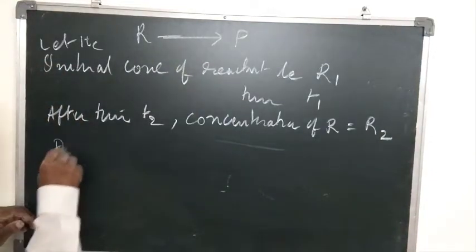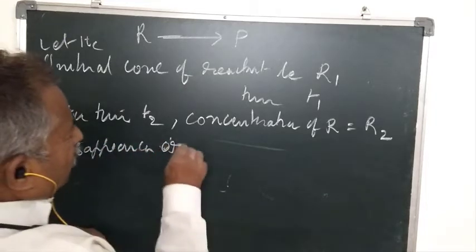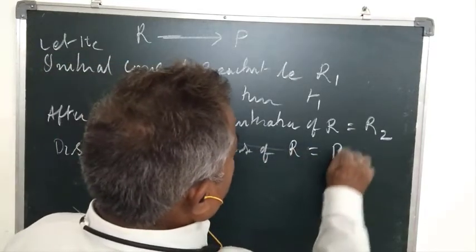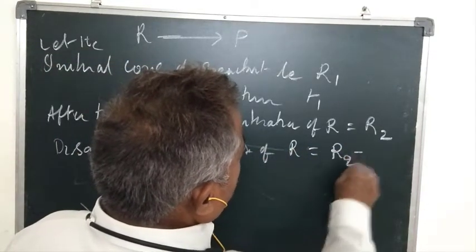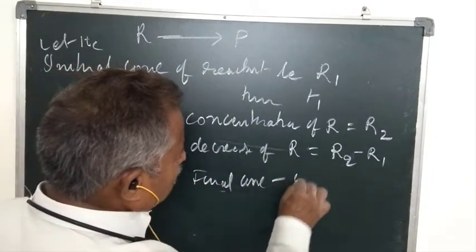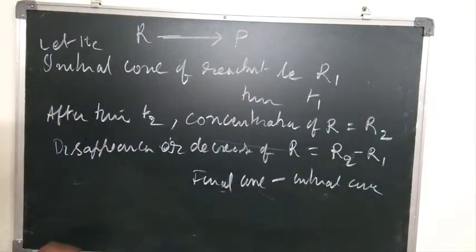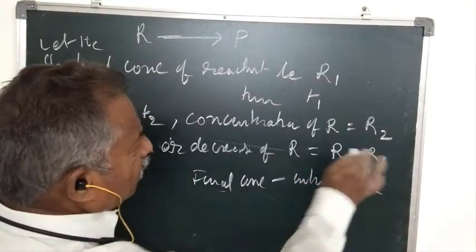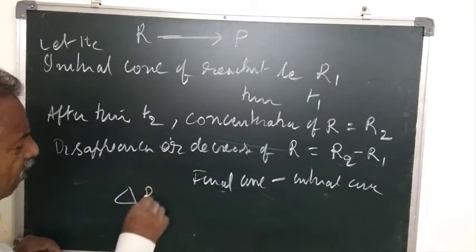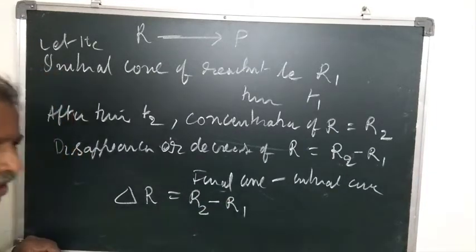Now disappearance or decrease of reactant is given by R2 minus R1, that is final concentration minus initial concentration. Final concentration is R2, initial concentration is R1. So this difference is denoted by delta R. Delta R equal to R2 minus R1.